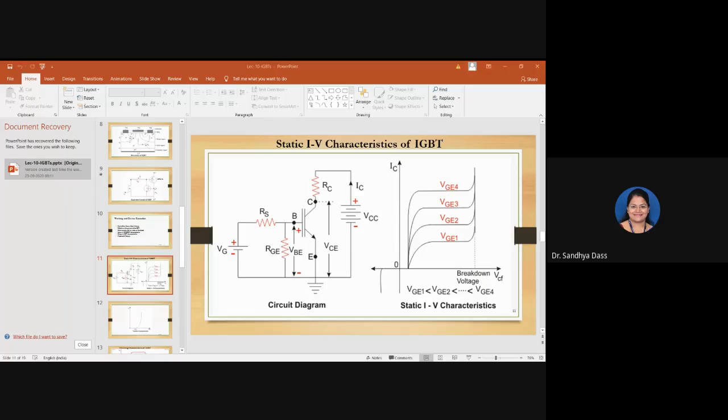For BJT, if you recall the output characteristics, what is the parameter that you keep constant, and what are the parameters on the X and Y axes? What do you plot for output characteristics?